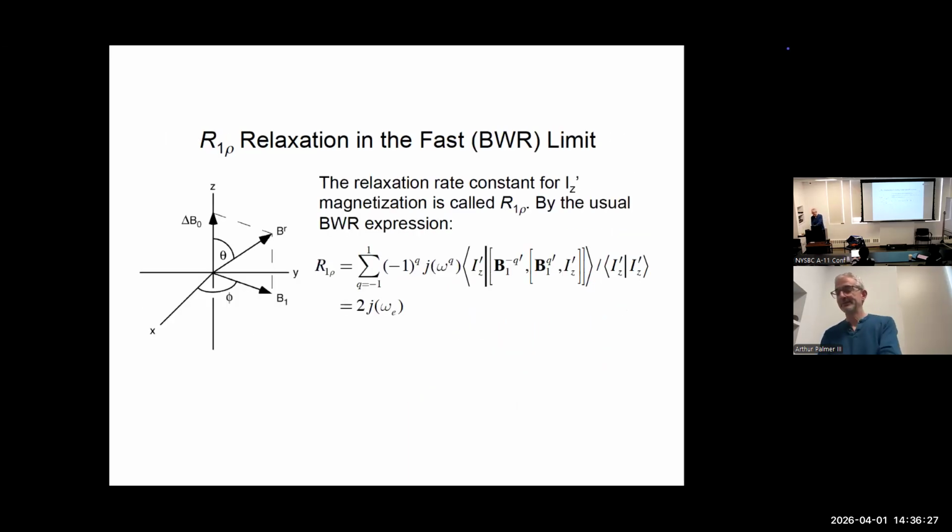So in fast exchange and the fast limit, we can apply the Redfield equation. And we just have to do a frame transformation to get into this tilted frame rather than the laboratory frame. But we can crank through the double commutators and the spectral density function.